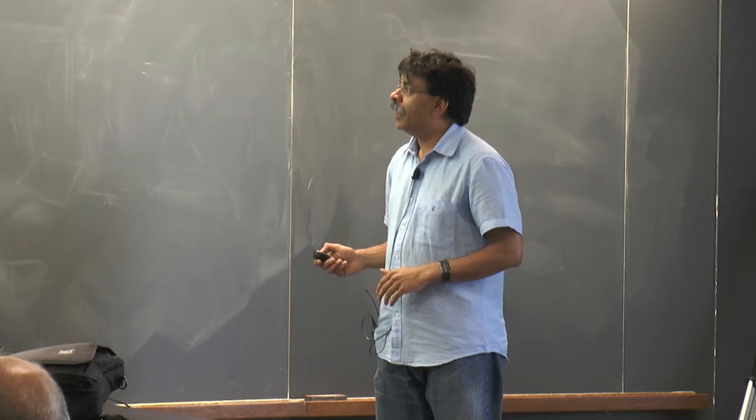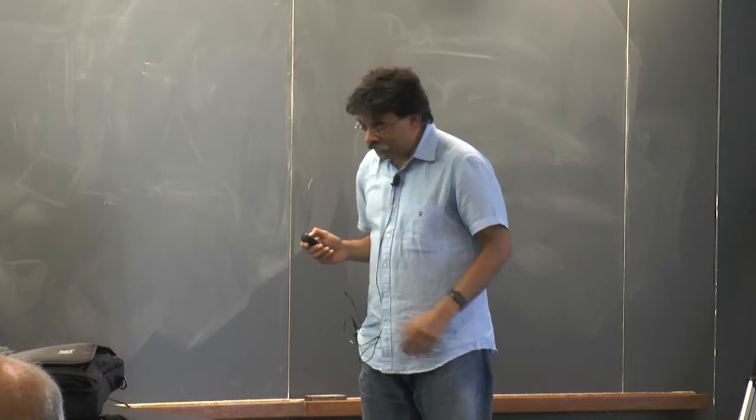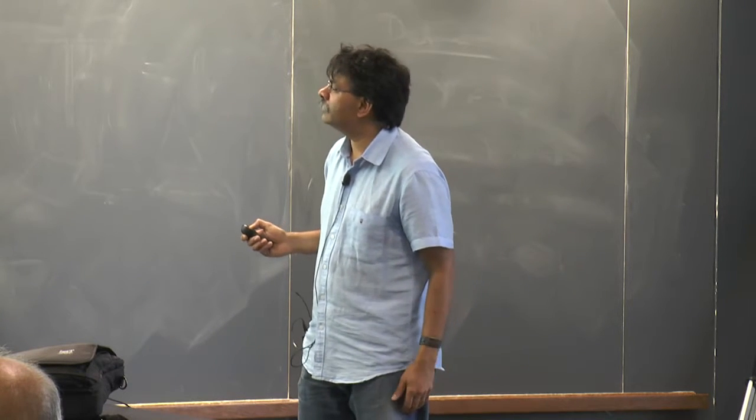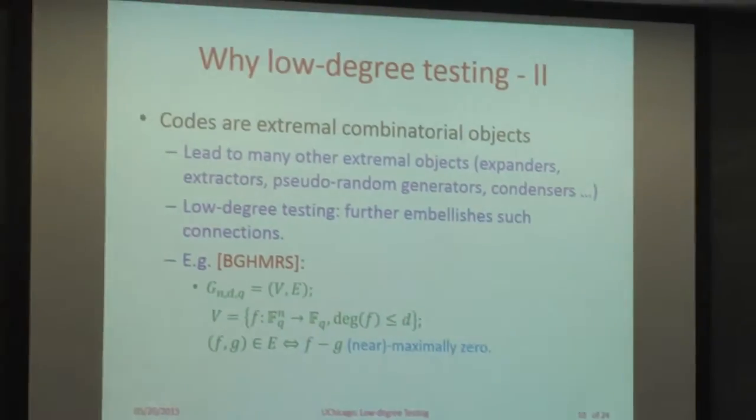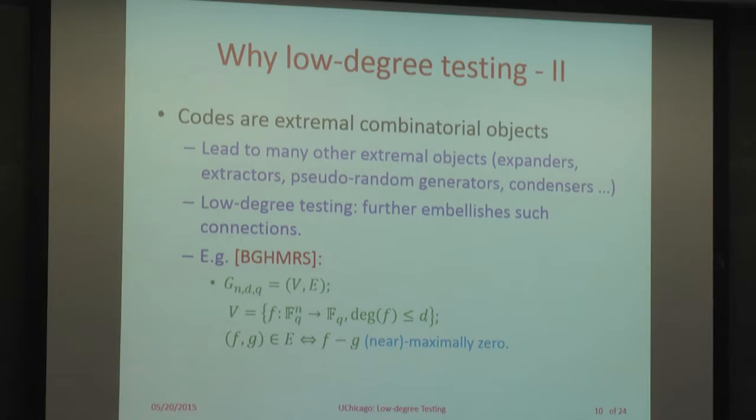There's further motivation in combinatorics for why study low degree testing, but I won't talk about it right now, because I'm closer to the end of the talk than the beginning, but not according to the number of slides I have to go.